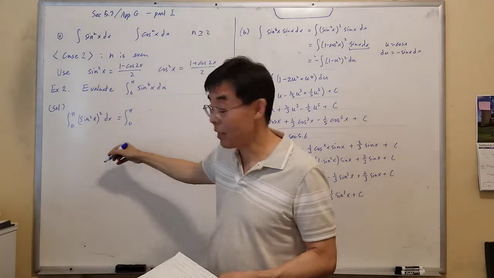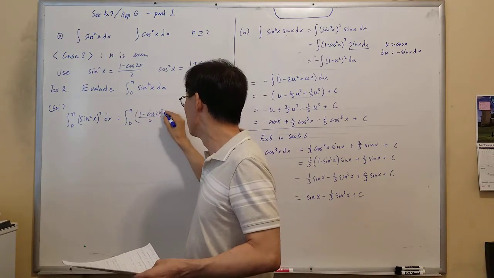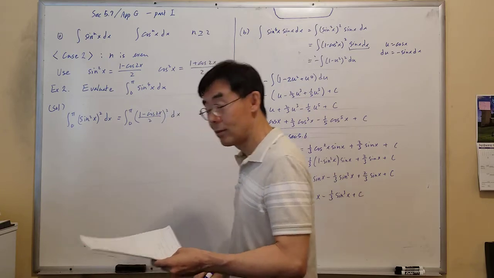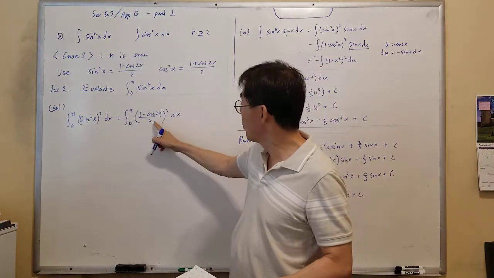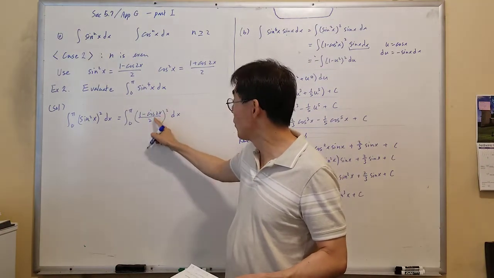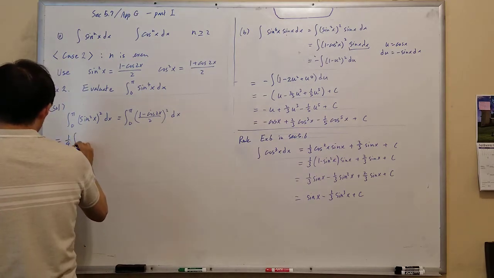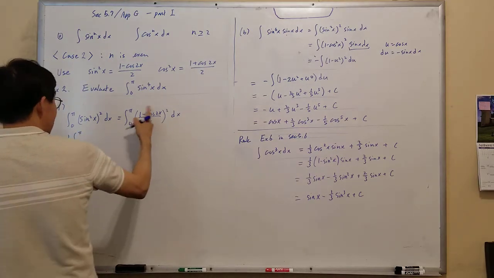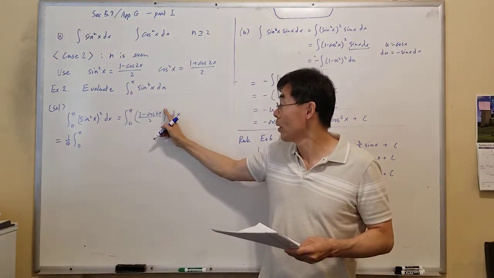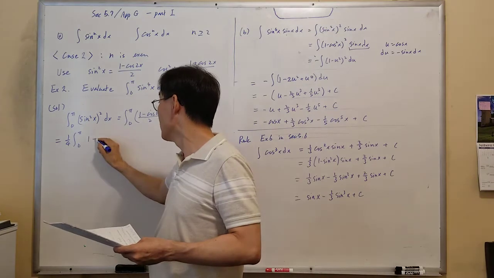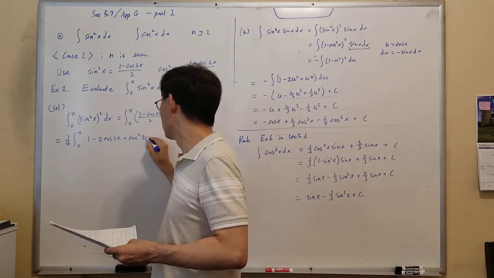And sine squared of x is 1 minus cosine of 2x over 2, entire square, dx. Okay? Now, 1 over 4, isn't it? This square over 2 squares. So I'm going to take out 1/4. And then numerator squared: 1 minus cosine 2x squared, which is 1 minus 2 times cosine of 2x plus cosine squared of 2x.